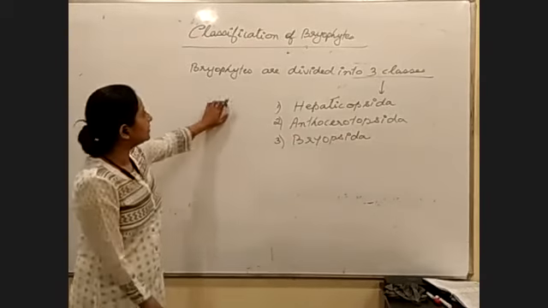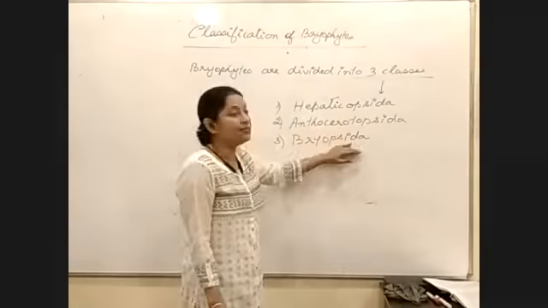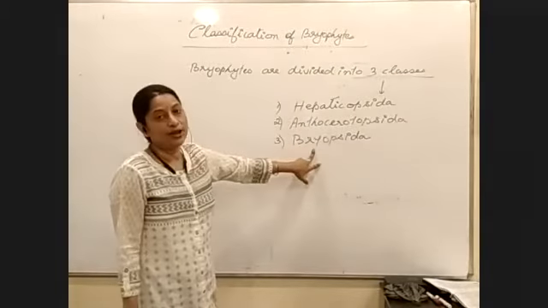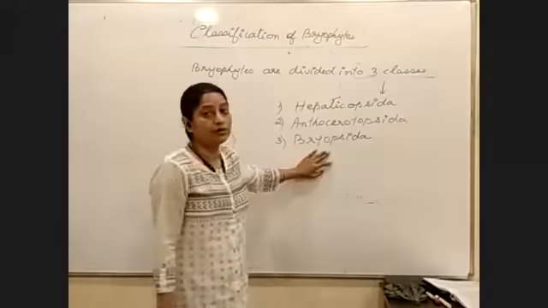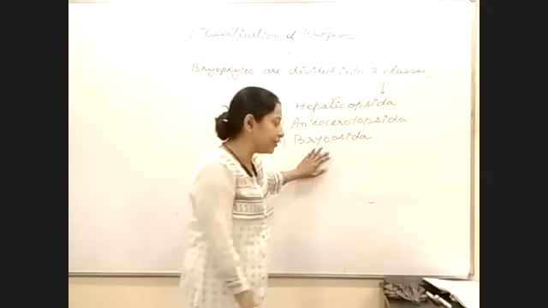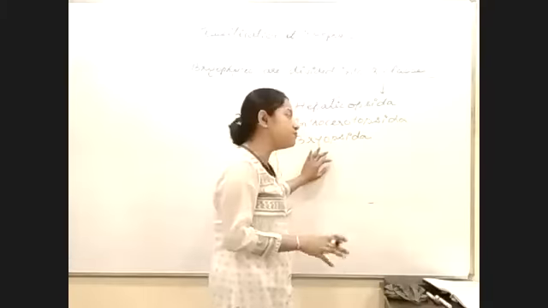Bryophytes are classified under 3 classes: Hepaticopsida, Anthocerotopsida, and Bryopsida. So we have a lower bryophyte and the highest bryophyte. Bryopsida could also be considered Musci, because it is a group of mosses.